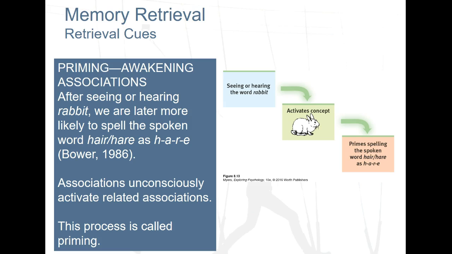These things we experienced earlier can subconsciously prime us to retrieve related information. And that's called priming.